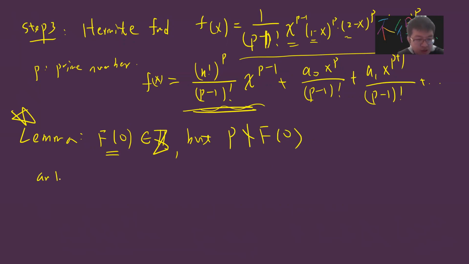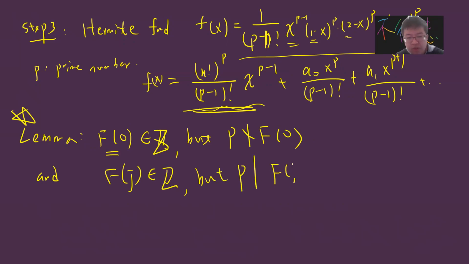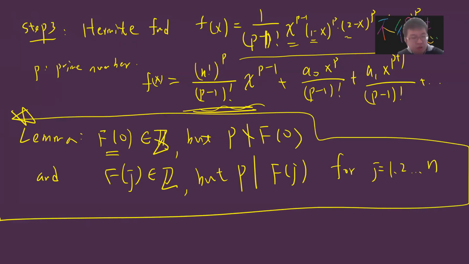And f of j is an integer, but p divides f of j for j equals 1, 2, 3 up to n. Okay, so this is the tricky part that I will go back to prove. So start from here, you just believe me this is true. Very, very weird that if you define a small f, then f0 up to fn will be integers.